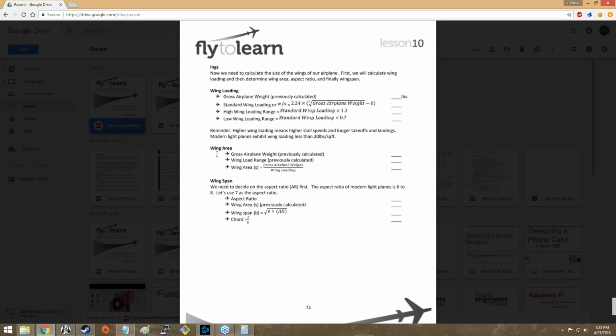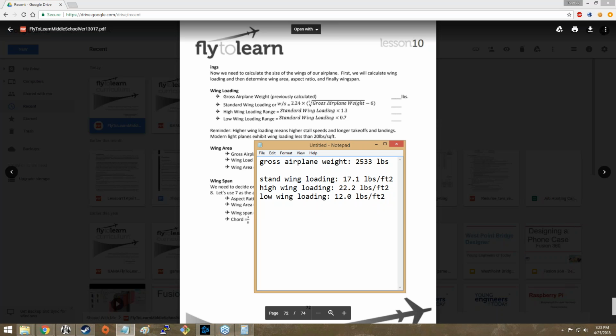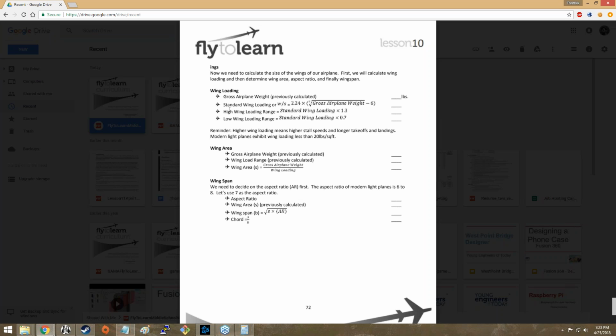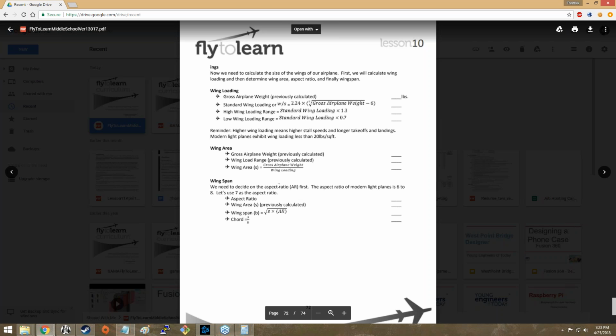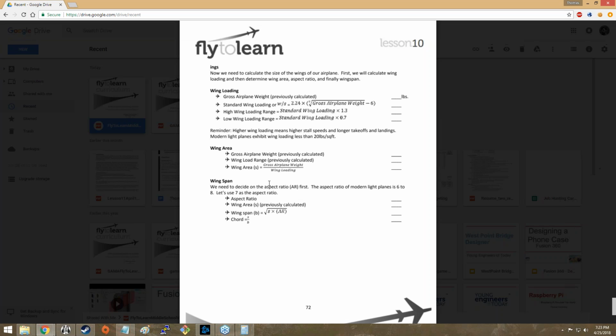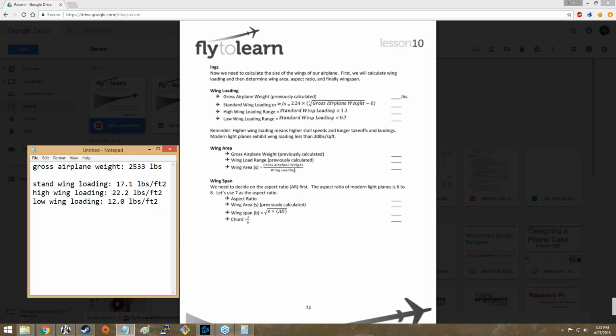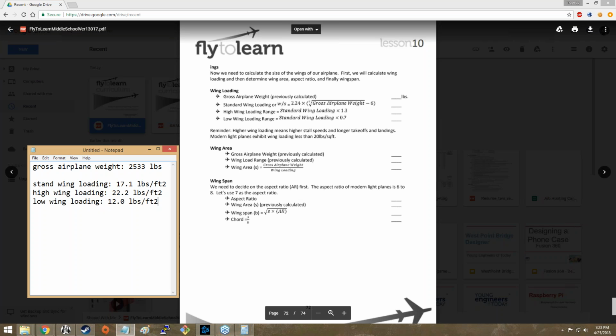The wing area, which is the gross airplane weight, which we already have is 2,533 pounds, and the wing load range, so that's going to be the standard wing loading. And the wing area is going to be the gross airplane weight divided by the wing loading.